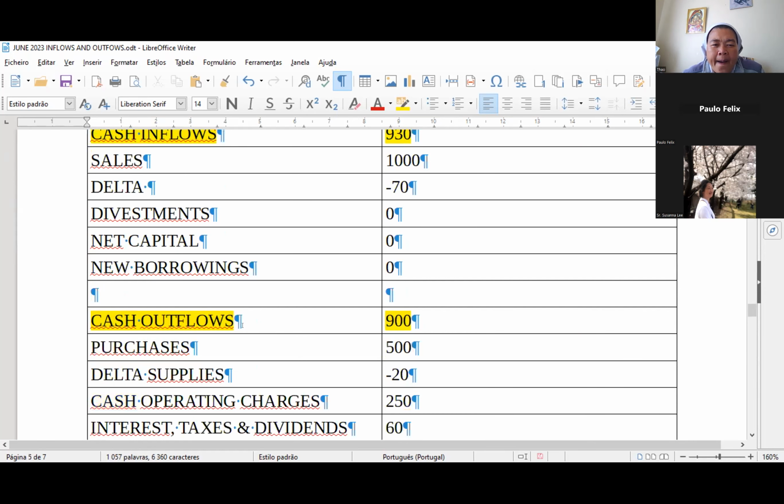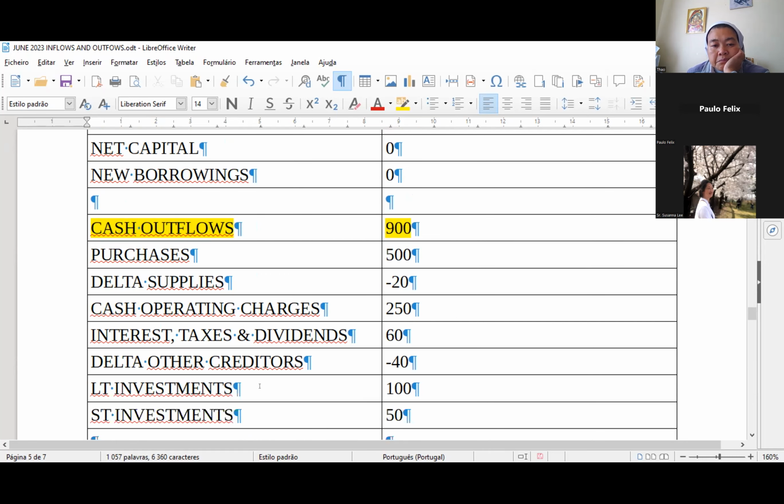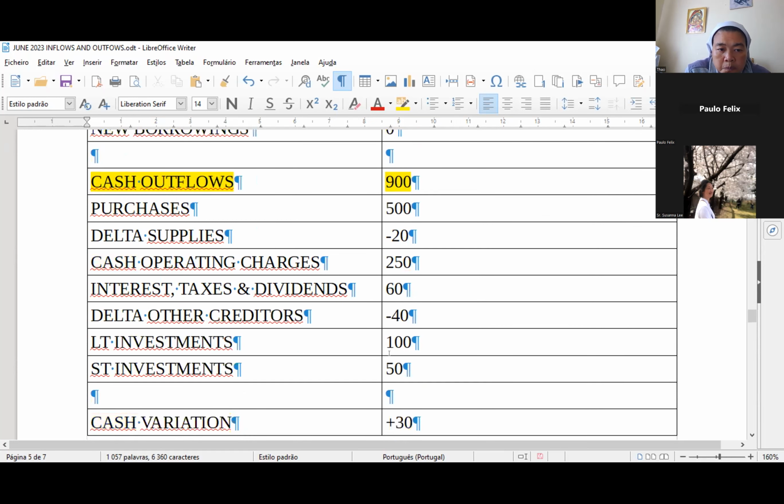And if you have a cash outflow of 900, it means that you had purchases of 500 runs, then a debt repayment of 20 runs, operating charges of 250, and taxes of 60. But you have other creditors, minus 40 runs. So then the investments of 100 runs and other investments of 50.